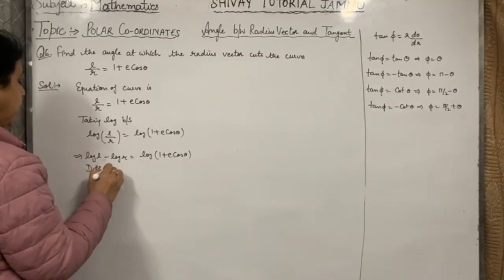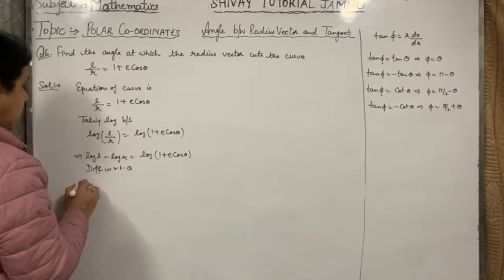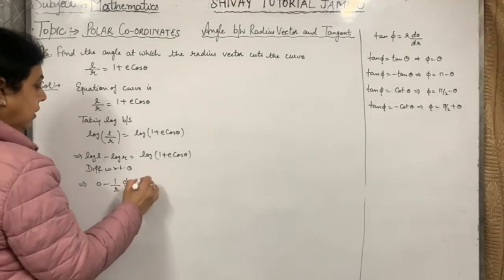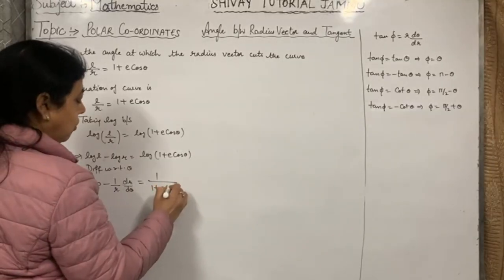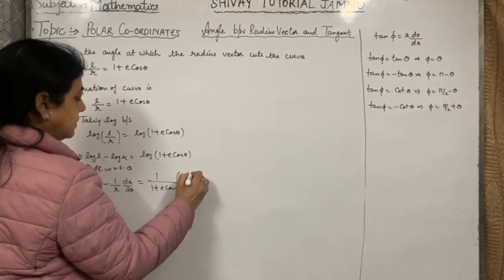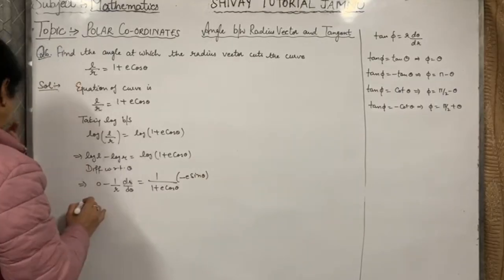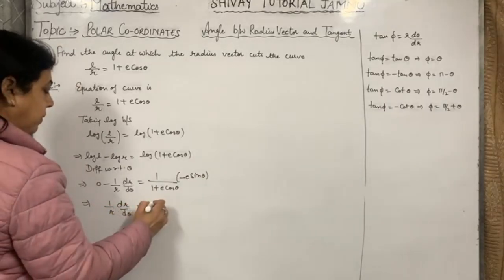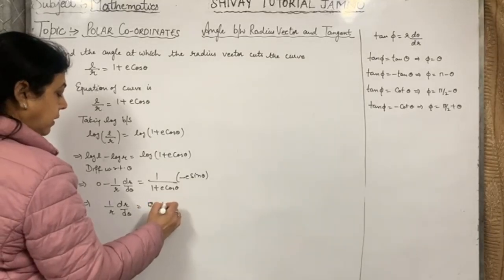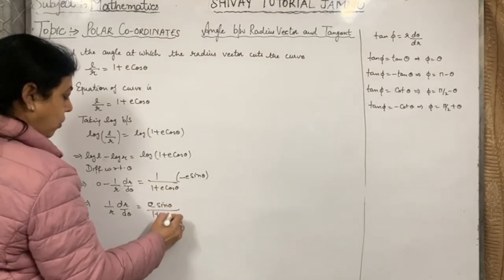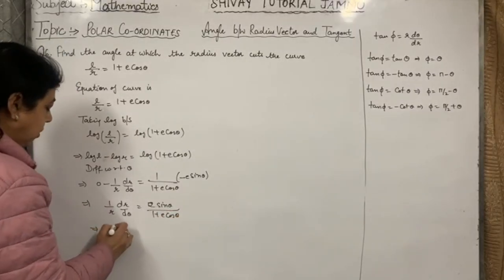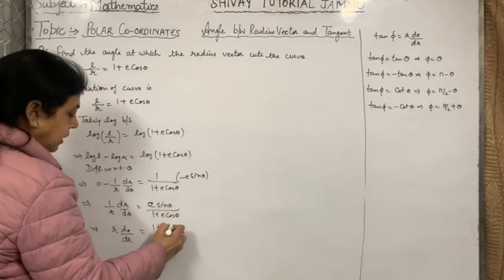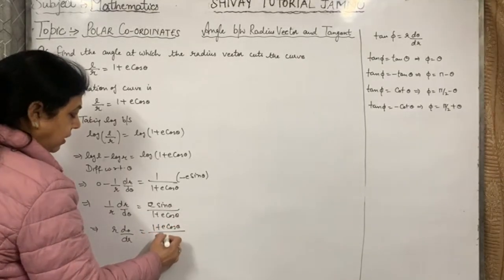Differentiate with respect to theta. 0 minus 1 by r dr by d theta equals 1 by 1 plus e cos theta times minus e sin theta. Then 1 by r dr by d theta will be e sin theta into 1 plus e cos theta. When we reciprocal this, we will get r d theta by dr is equal to 1 plus e cos theta upon e sin theta.